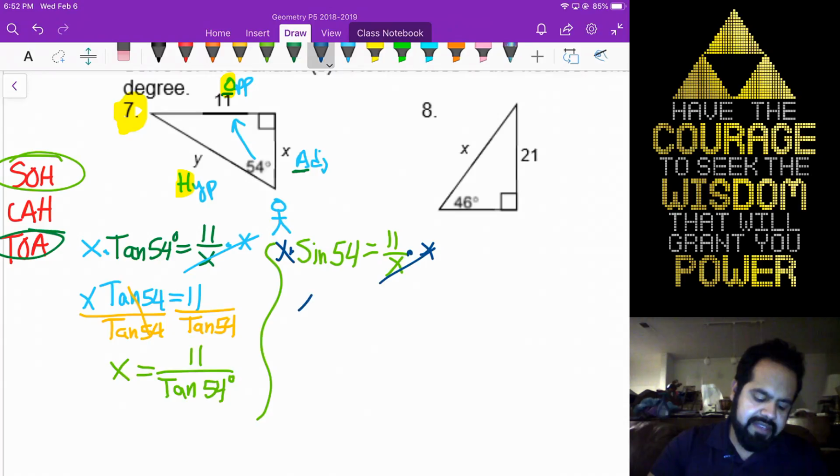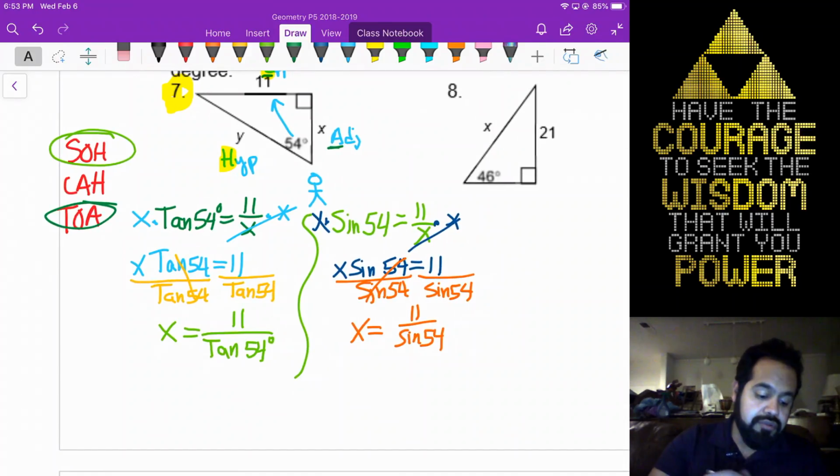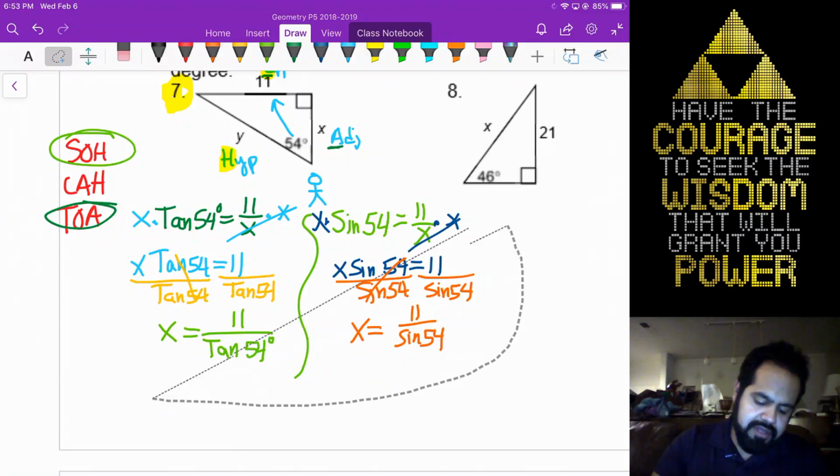So then you're going to have y sine of 54 equals 11. Divide both sides by sine of 54. So then y equals 11 over sine of 54. I didn't type either of those answers into my calculator, but you all should, and that'll give you your answer.